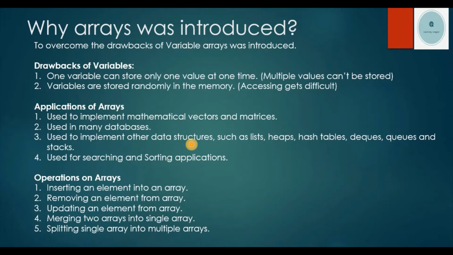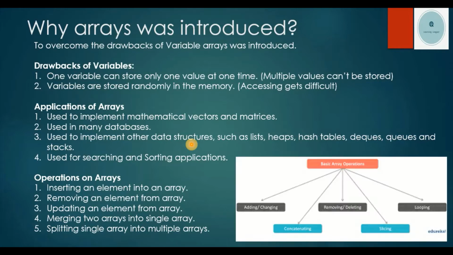Now, what are the operations on arrays? On an array, first we can insert an element into an array. That is the first operation. The second operation is removing an element from an array, nothing but deleting an element. Updating an element: whatever values you have inserted can be modified, and we call that modification updating.